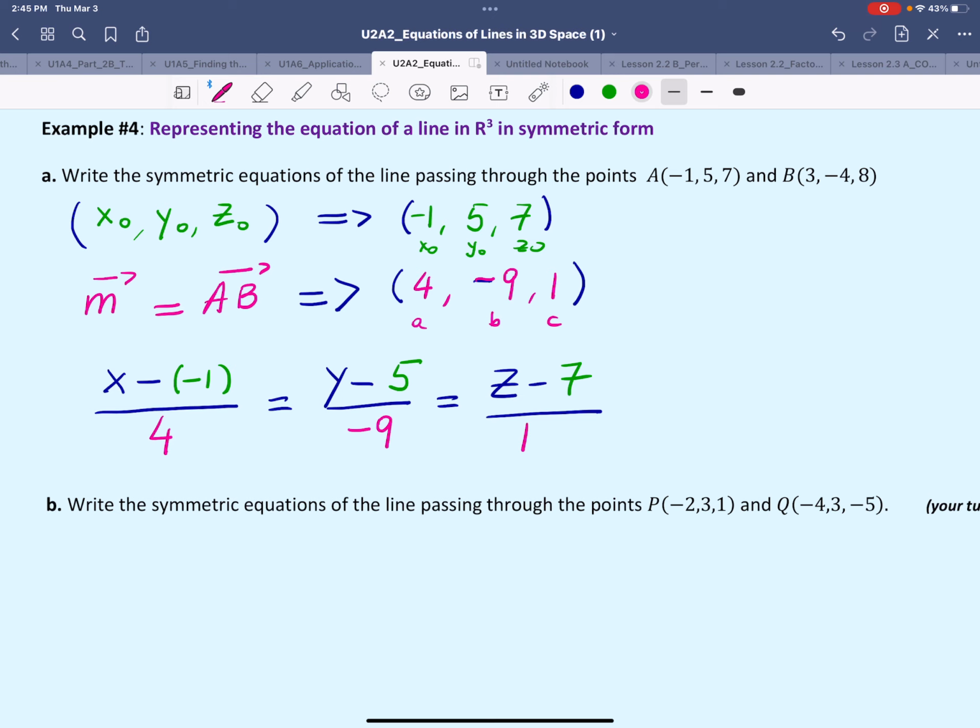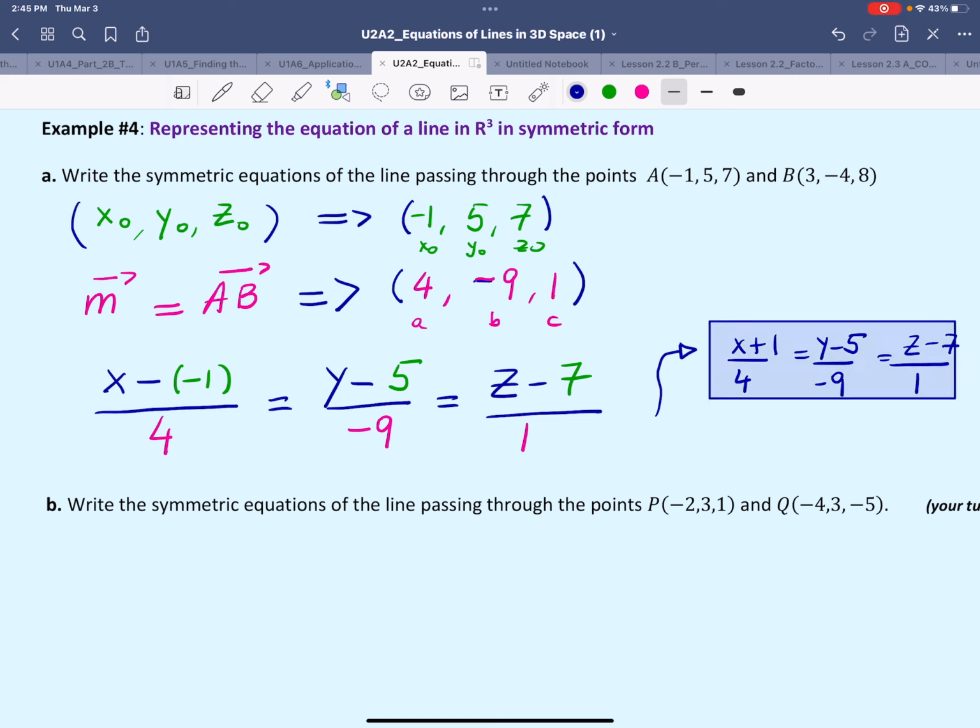So in a more simplified form, this equation can also be written as (x plus 1) over 4 equals (y minus 5) over -9 equals (z minus 7) over 1. And voila, this is the symmetric equation of this line.